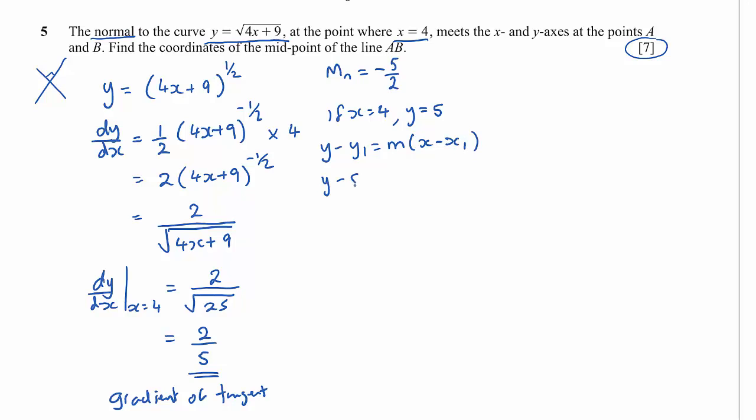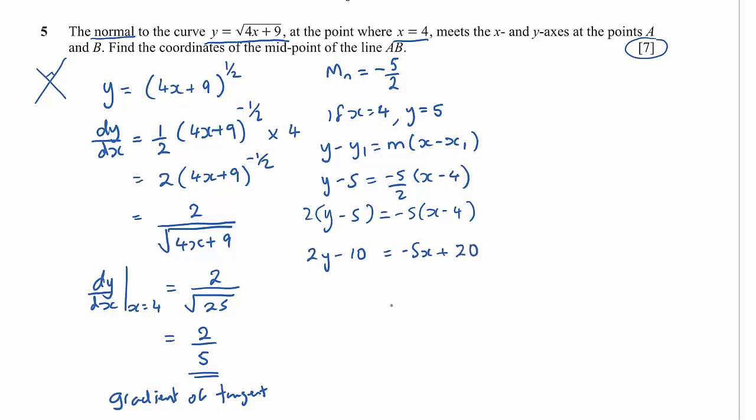So y take away 5 is going to be -5 over 2 (x take away 4). So (y minus 5) multiplied by 2 is going to be -5(x take 4). So we've got 2y take away 10 is -5x plus 20, giving us 2y plus 5x is equal to 30.